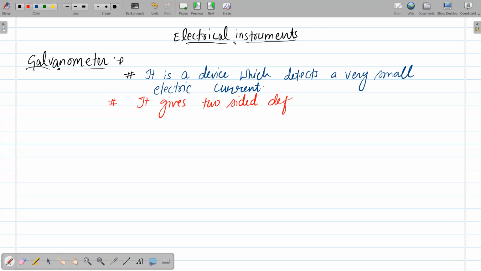Two-sided deflections means it has its needle in the middle. Are you getting this thing? Its needle is in the middle. That means it can be deflected towards right side or left side, right? In both directions, it can be deflected.